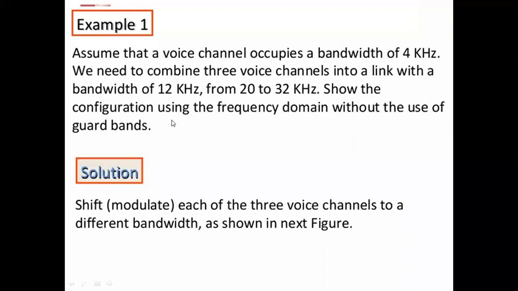Show the configuration using frequency division multiplexing without the use of guard bands. The guard band is the term used to separate two individual frequency signals, where F1 has its own signal and F2 has another frequency. In between them there is a guard band.